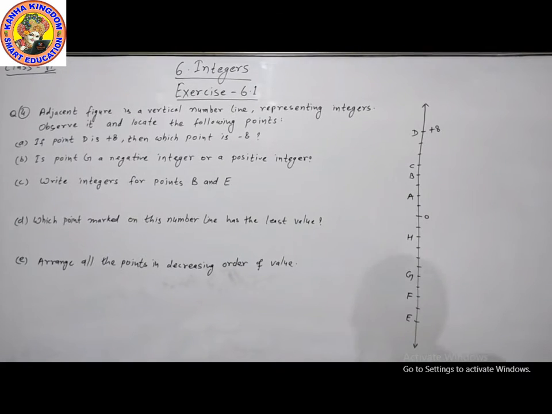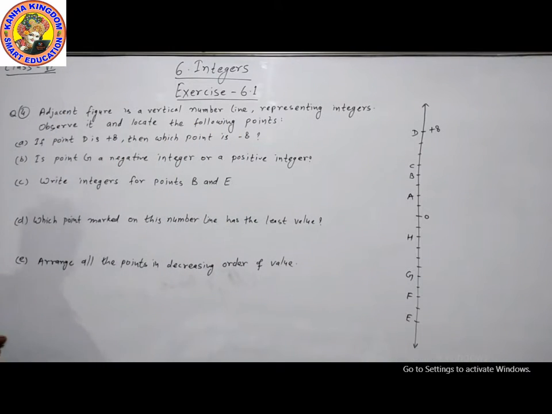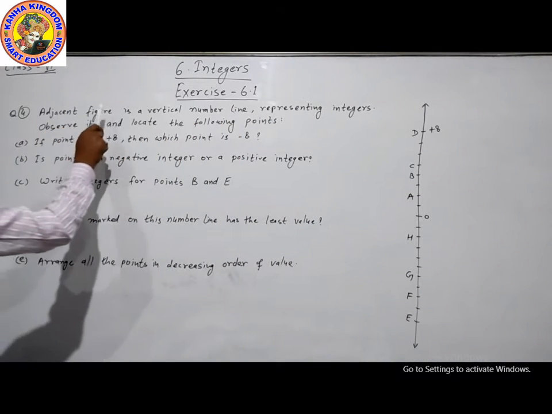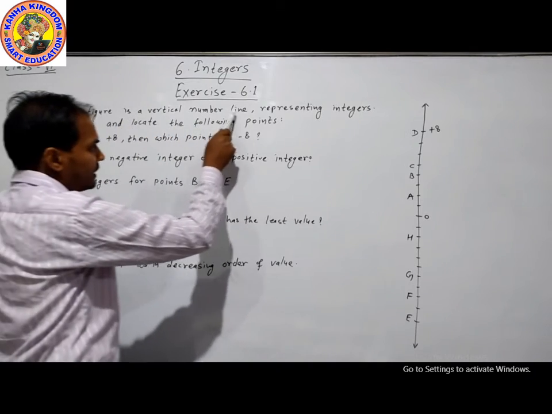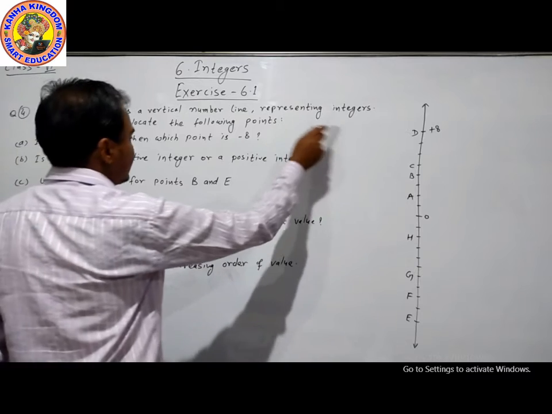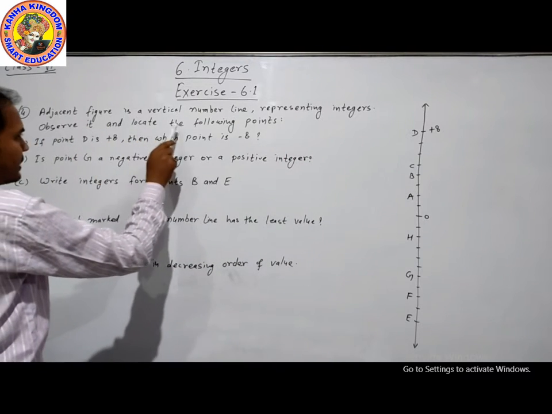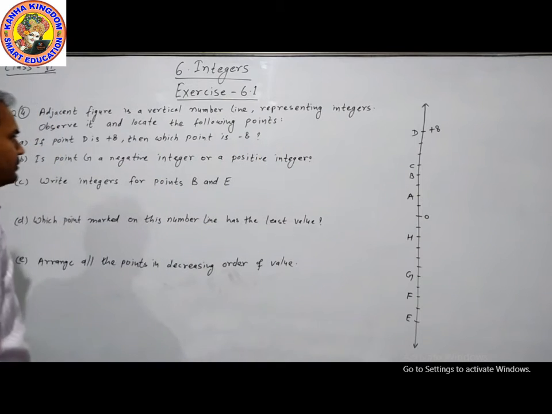Our next question is question number 4. The adjacent figure is a vertical number line. This is a vertical number line representing integers. Observe it and locate the following points.